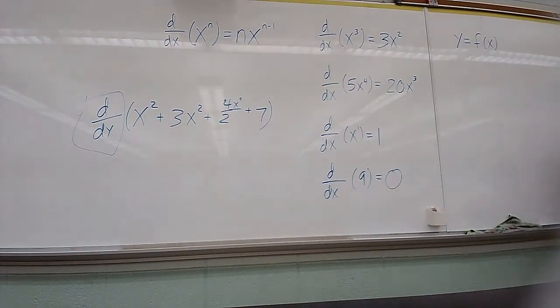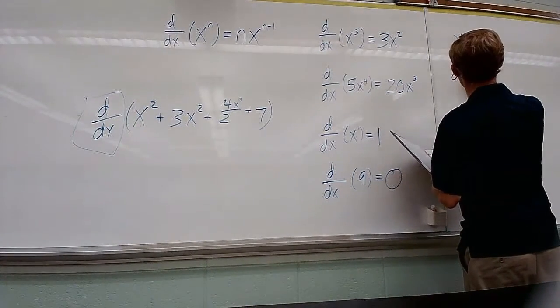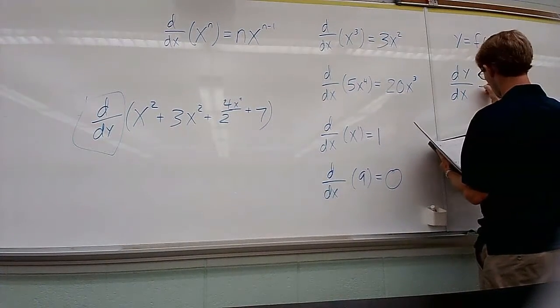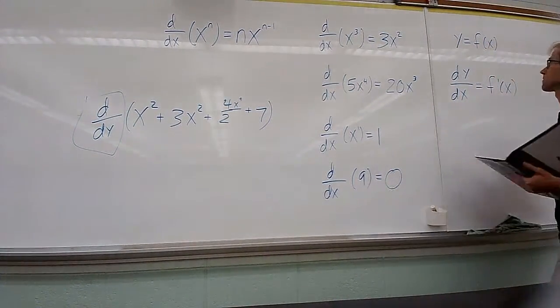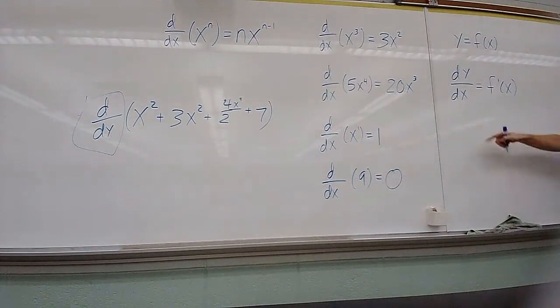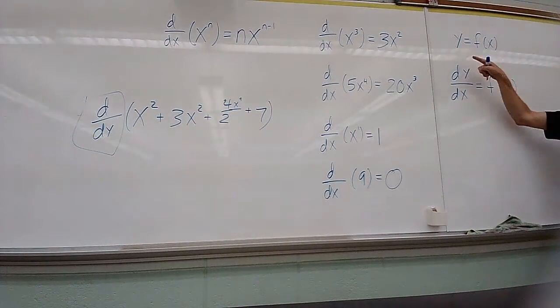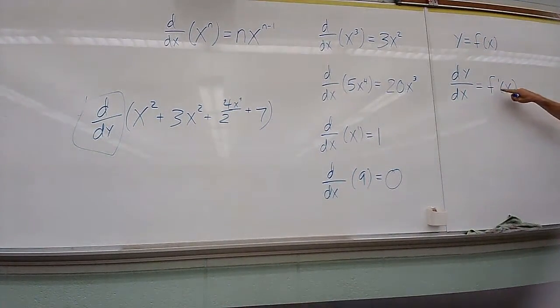If you're going to take the derivative of something like this, it would be the exact same thing as saying that. The derivative of y with respect to x, because the x is over here, the y is the actual entire function. Another way of writing that is f prime x.